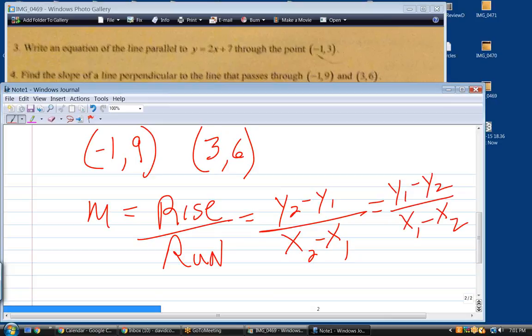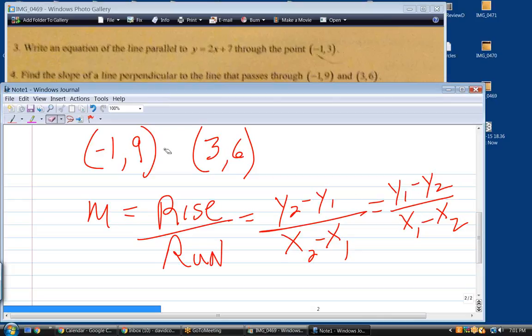You see what I've done? What's not okay is to mix it up. In other words, you can't do this and then do x sub 2 minus x sub 1. You'll get the wrong sign on your slope. So either of these is okay, and it's perfectly acceptable to use this one when it's convenient.